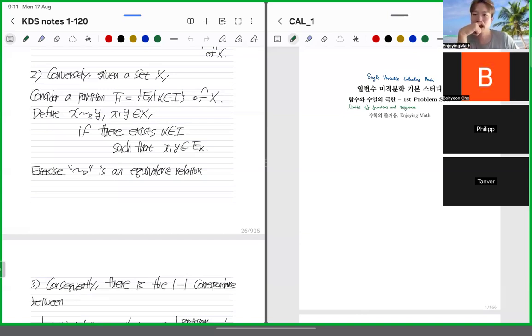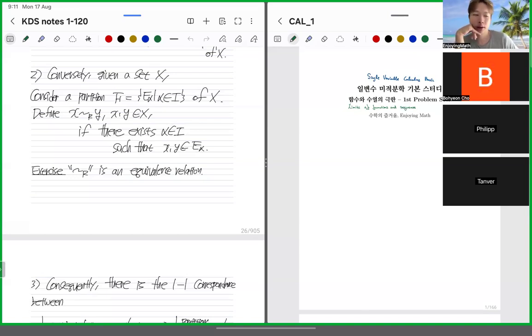Even when we consider modular arithmetic, we can say, for example, for modulo 3, 0 and 3 itself are equivalent, right? They're not essentially equivalent in terms of how you write the values, but 0 and 3 are equivalent with respect to the value that they represent.